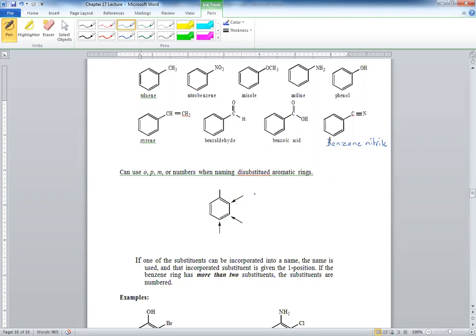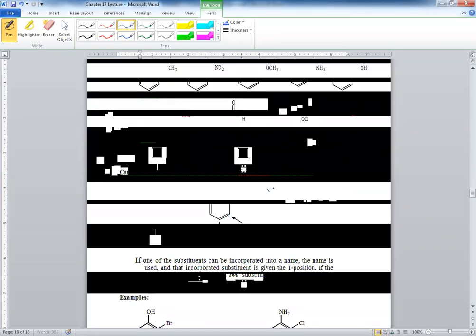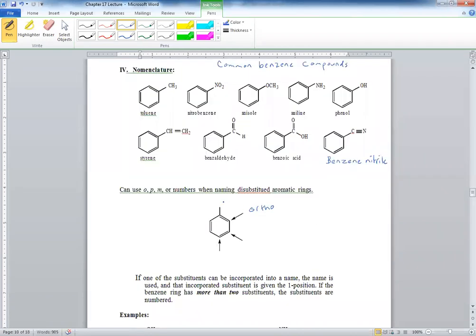So this position right here is called the ortho position. So we'll call this X. That's where your common group is at, or simply O.